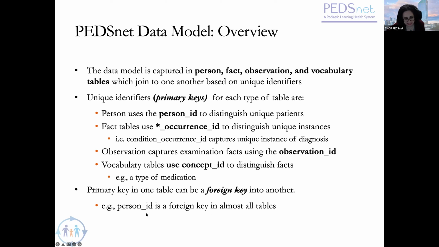So the person ID, which is the primary key in the person table, goes into all these other tables as well, and those are foreign keys. So in the visit table and the condition table, the person ID is found in there. And if there's a person ID in the visit table, it should be able to find its way back to that same person ID in the person table.